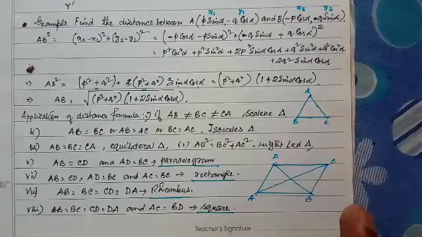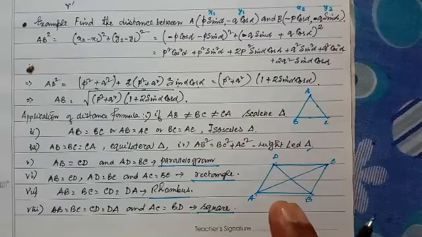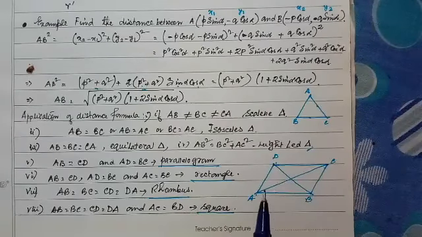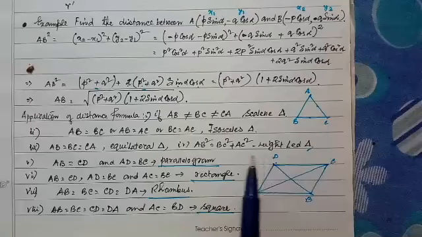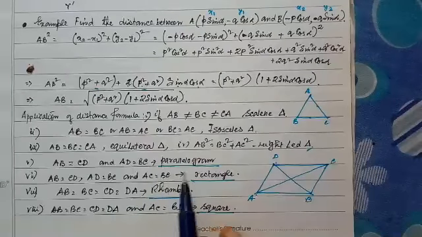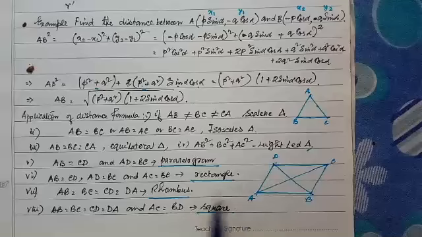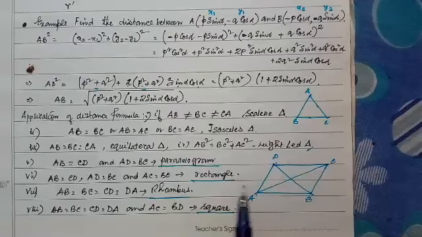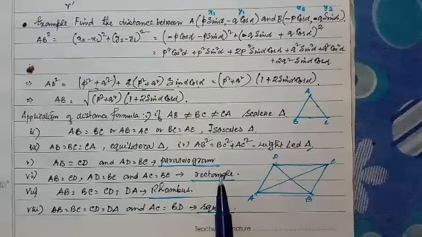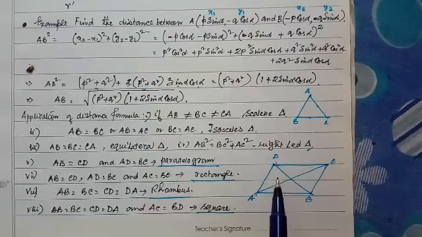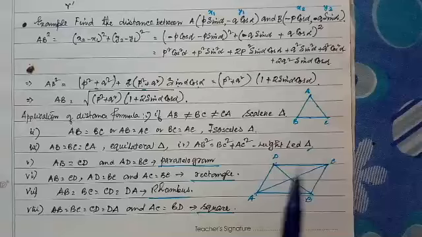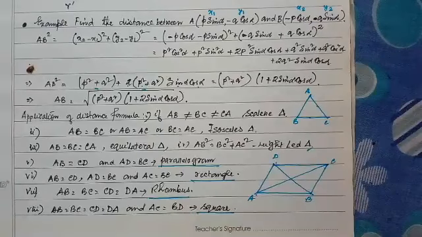So by using this distance formula, we can determine the type of the triangle and the type of the quadrilateral. Whether it is a scalene triangle or isosceles triangle or equilateral triangle or right angle triangle. Similarly, whether this quadrilateral is a parallelogram, or a rectangle or a rhombus or a square can be determined by using this distance formula. Okay students.